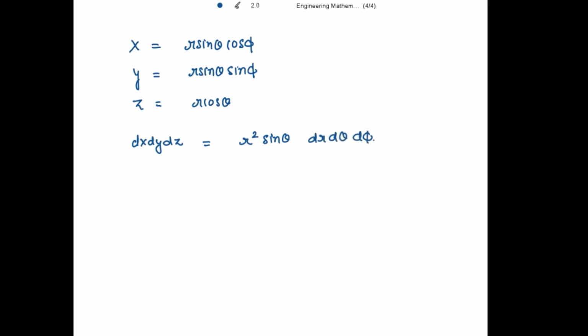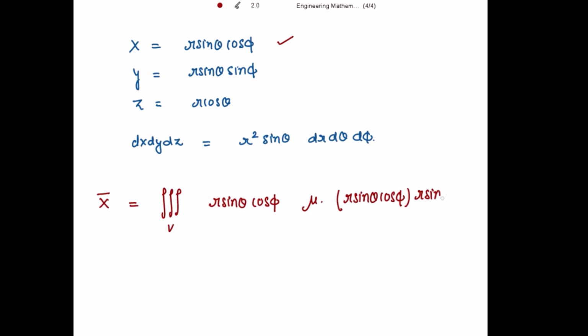Let's put all these values. So x bar is equal to the volume integral of x. X is r sine theta cos phi, then mu into x into y into z. So again x is r sine theta cos phi into this y, that is r sine theta sine phi, into z, that is r cos theta.